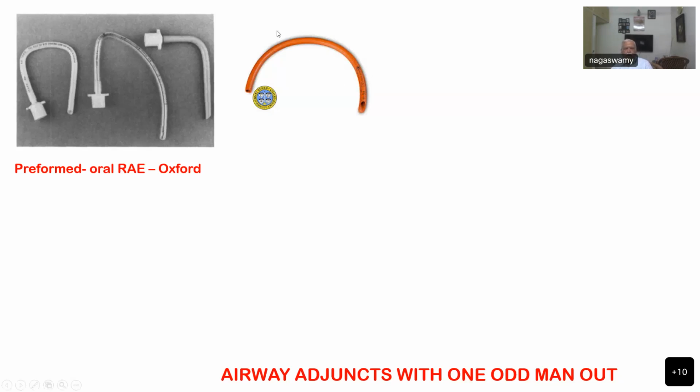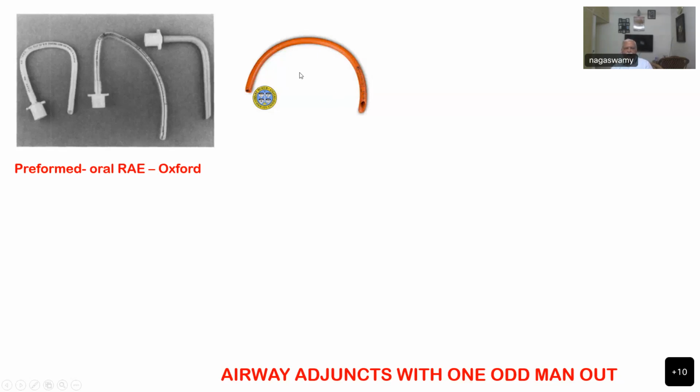We used these tubes repeatedly again and again, washed and dipped in hot saline and brought back and used. Reusable red rubber tubes. By which route can you introduce this tube? Please make a guess. See the curvature, is it looking more acute or more obtuse?